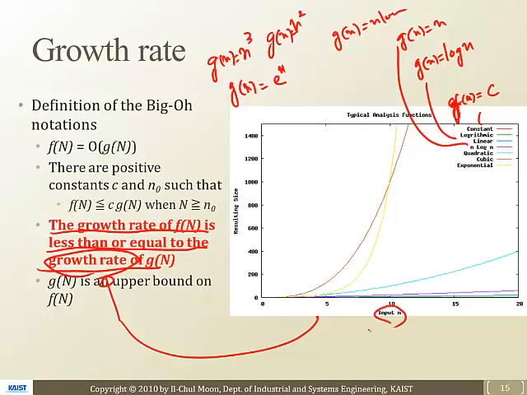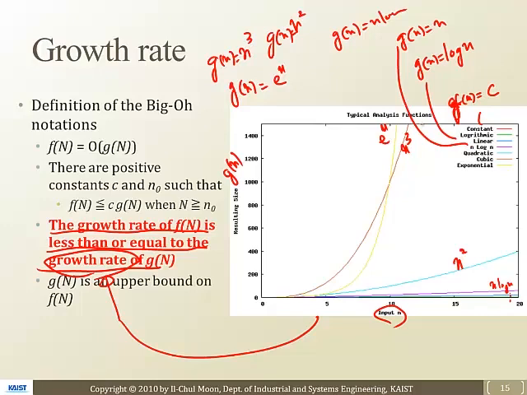As input n increases, we can draw the Gns here. This yellow line represents the exponential, this reddish line indicates n cubed, this cyan line is n squared, and this purple line is n log n, and so forth. So this is how things grow when input grows.